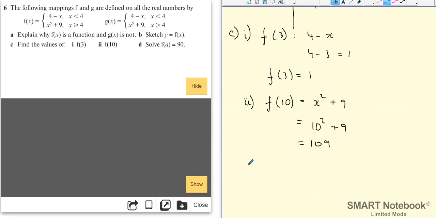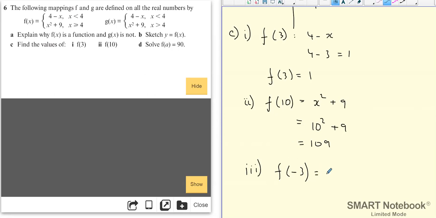Can you please tell me, if I just make something up here, am I going to use the first function or the second function to work out f of minus 3? First or second? And that's good.